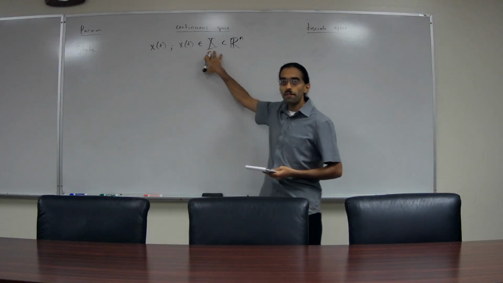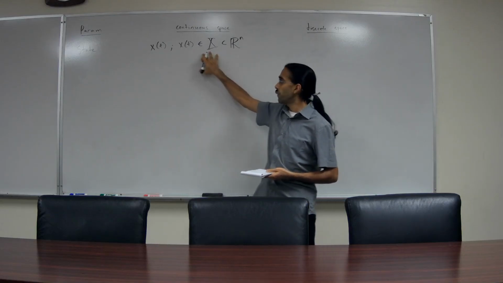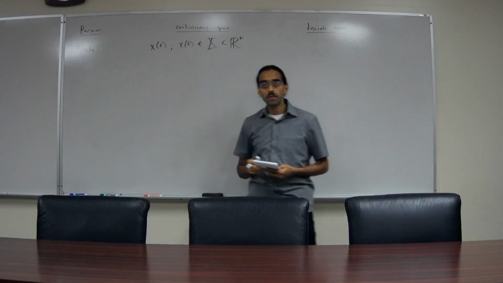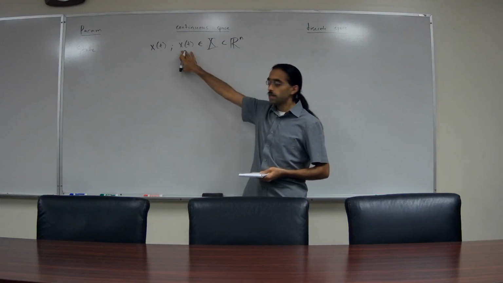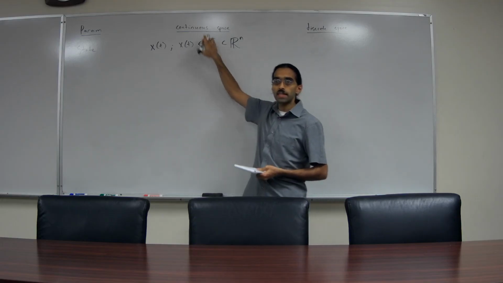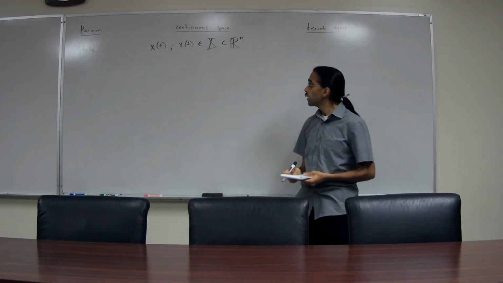So we may have a subset, a subspace of all of R^n where our states are only allowed to be in. We're going to call that capital X. So our lowercase x is the state, the capital X is the state space, and that lives within some n-dimensional space R^n.